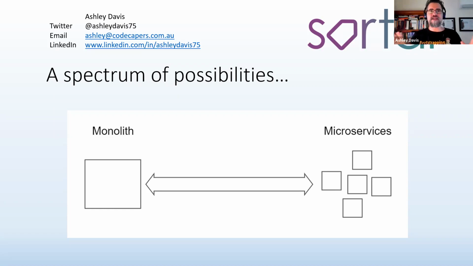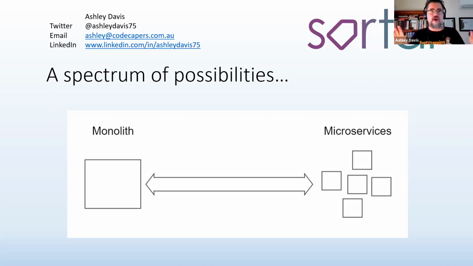There are many valid positions on this spectrum where you could position yourself. So it's not just a choice between monolith and microservices. Your application can be composed of services of whatever size you want and whatever quantity you want. There are of course real benefits of steering yourself towards the right-hand side of this spectrum, towards microservices, but you have to be smart and choose a position that works for you, your project, and your company.